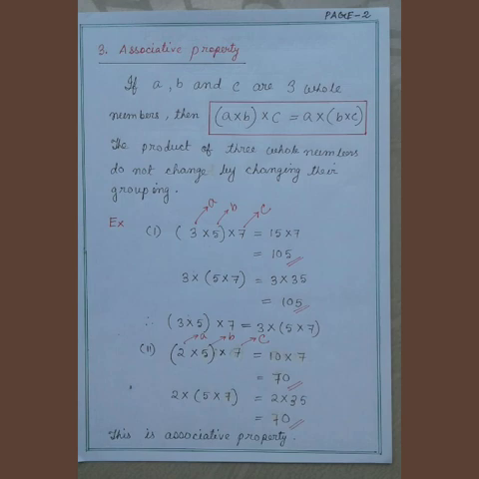I have taken three numbers, 3, 5 and 7. 3 is A, 5 is B and 7 is C. 3 into 5 I have made one group into 7. Within bracket 3 into 5, so I have to multiply 3 into 5 first, then the result will be multiplied to 7. 3 into 5 is 15 into 7, which is equal to 105.